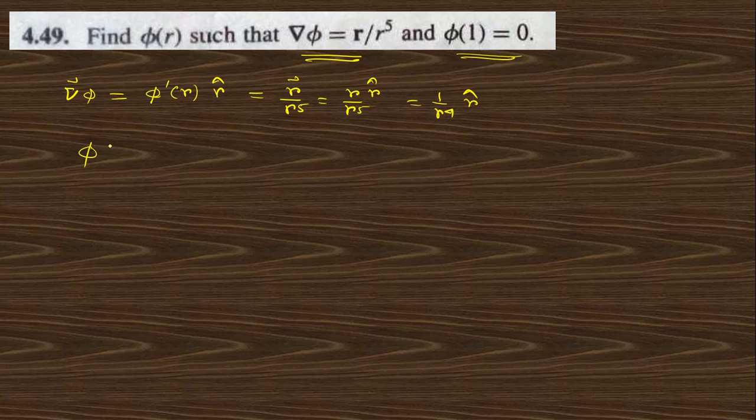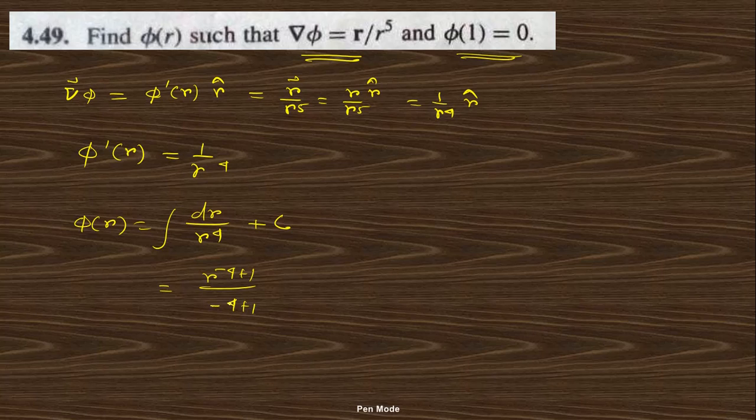Comparing, phi prime of r is 1 by r to the power 4. So phi of r is nothing but the integration of dr by r to the power 4 plus some constant. So this is r to the power minus 4 plus 1 by minus 4 plus 1, plus c. This is minus 1 by 3 r to the power 3 plus c.